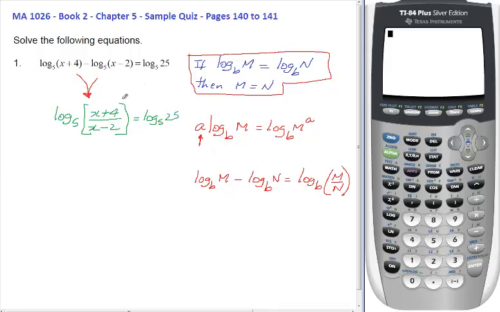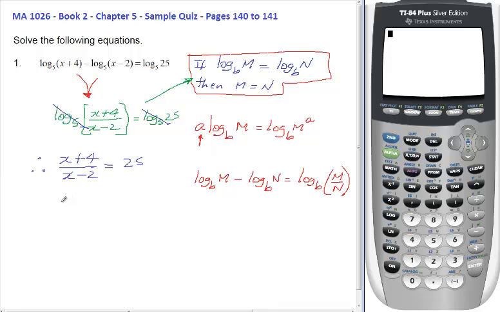Now that I have a single log on both sides of the same base, I can drop those logs and say, therefore, x plus 4 over x subtract 2 is equal to 25. Now, how do you solve that?